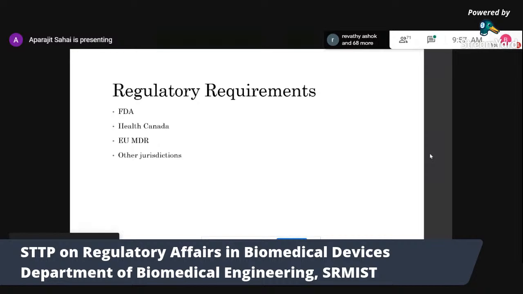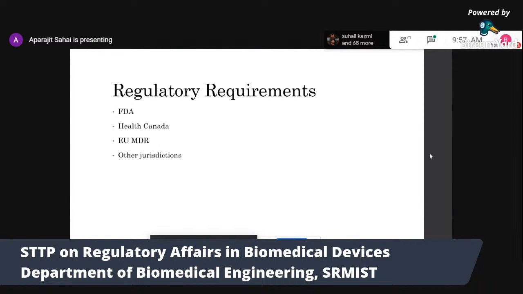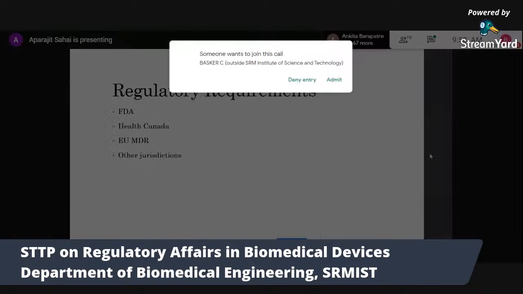And then there's, of course, the EU MDR, which is the new big behemoth that is out there. They've essentially gone from a directive to a regulation. The difference is that the directive was guidance for countries in the European Union on how they should regulate medical devices, whereas regulations are specific rules that need to be followed in order to be able to put your device on the European market.